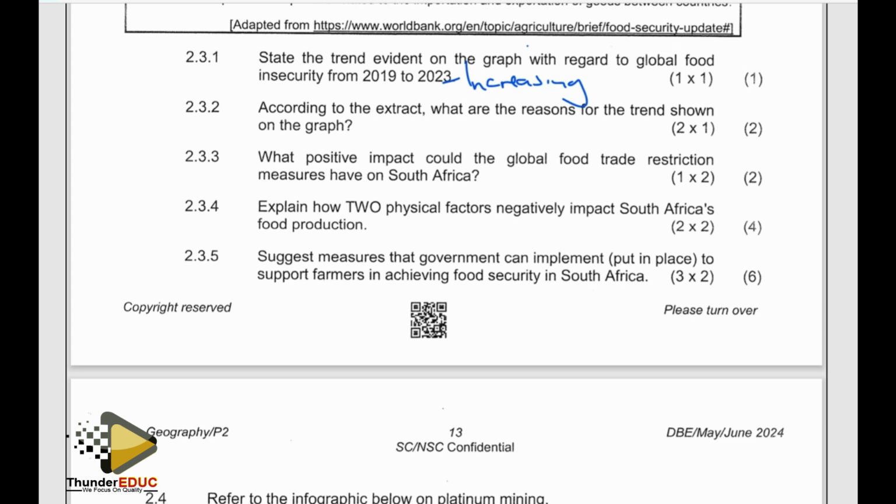Then 233, what positive impact could the global food trade restriction measures have on South Africa? If we are restricting food trade, it means we are limiting the volumes of food products getting out of the country. What is the benefit of that? It implies that if we introduce such, it is going to have a positive impact on the South African economy.